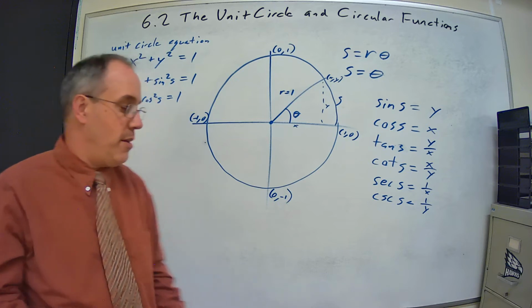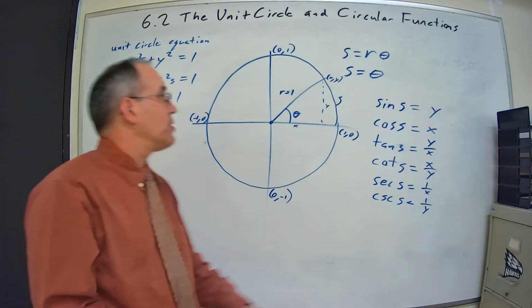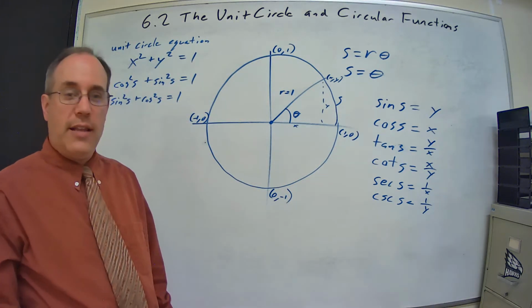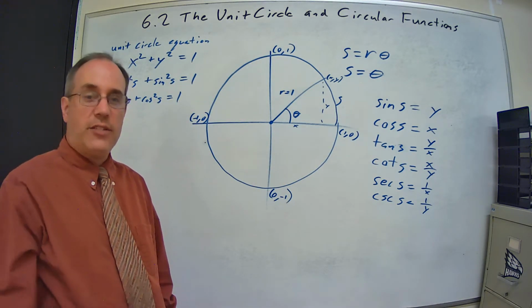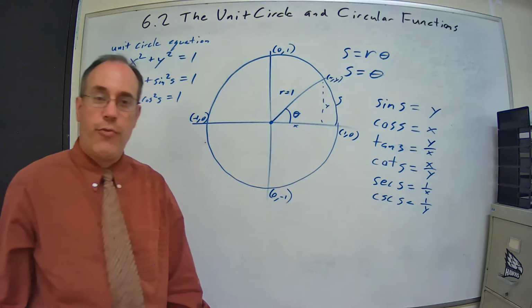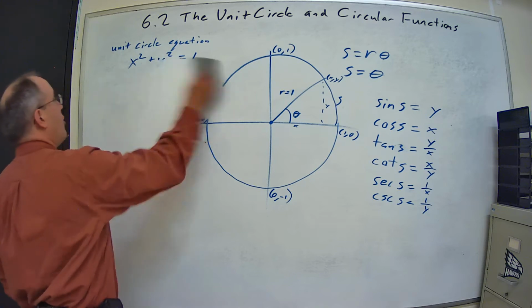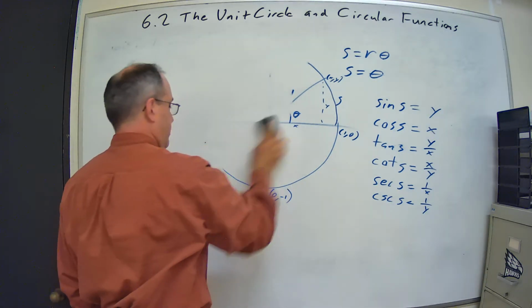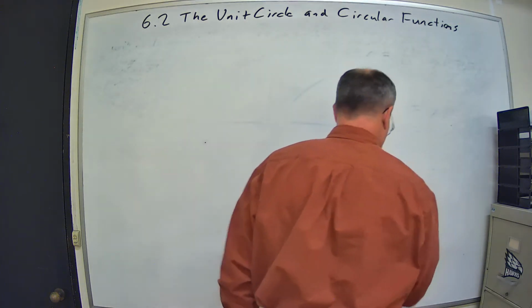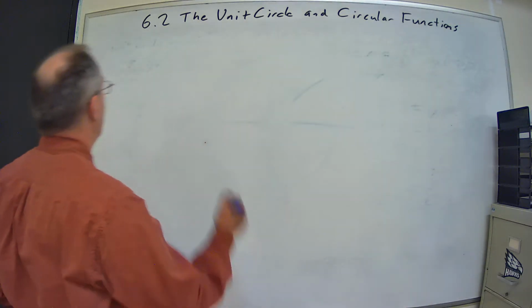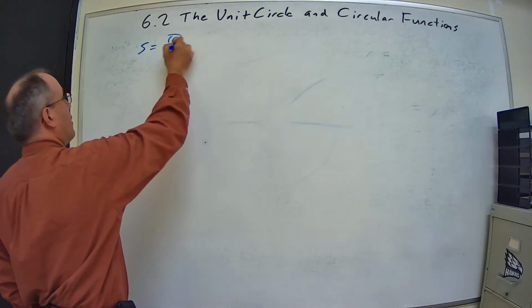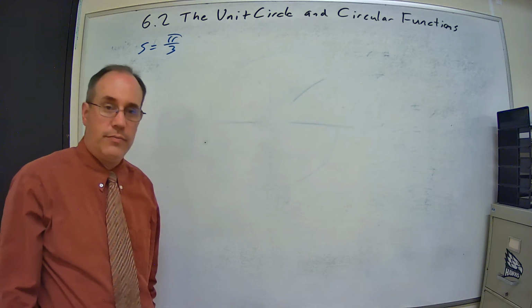So now what I'd like to do, since we can substitute S in for theta, I'd like to use S as a reference angle and see what happens in each of the four quadrants. So let's get this out of the way. Now let's say S equal to pi over 3.